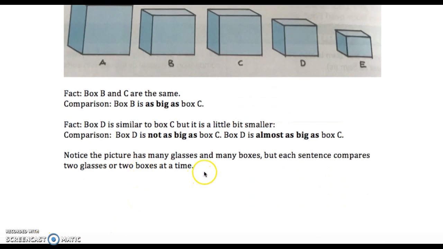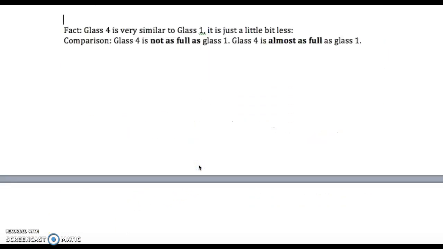So to summarize our first type of comparison, we are looking at as, right? When you say something is as adjective as, or as adverb as, we mean they are the same, right?